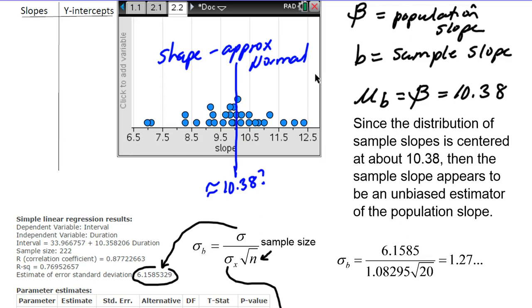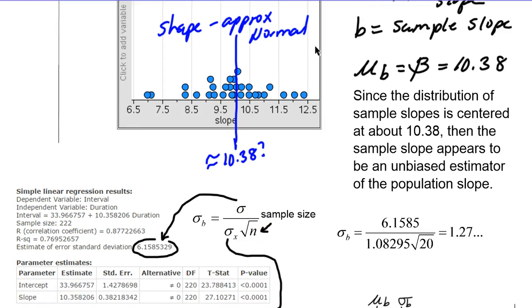But here we're dealing with two variables, so it would only make sense that the standard deviation of our sample slopes would be dependent on two things. It would be dependent on the residuals, which is the variability in the y, and it also is dependent on the variability in the x, because we have two variables, as well as the square root of the sample size.